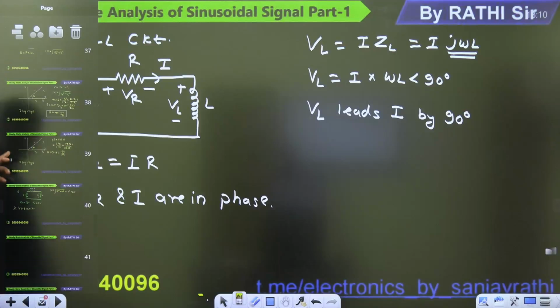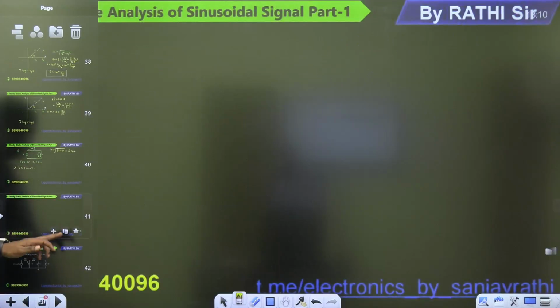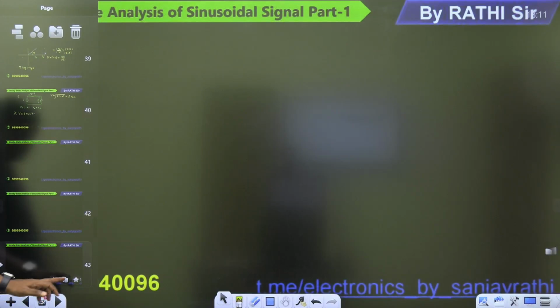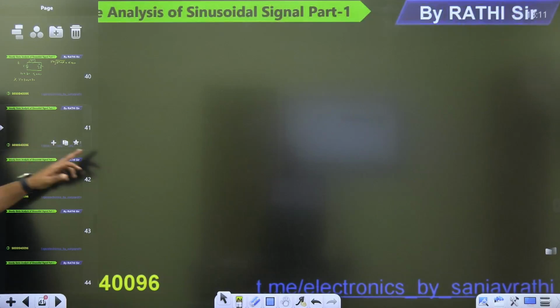Similarly, guys, the RC circuit is important. So I am giving you the idea about the RC circuit.